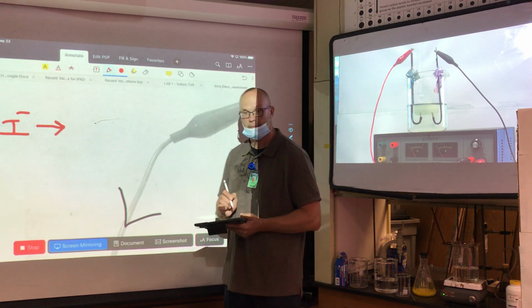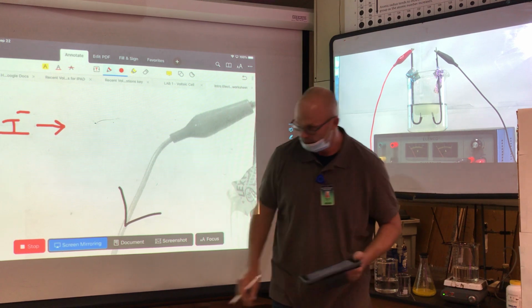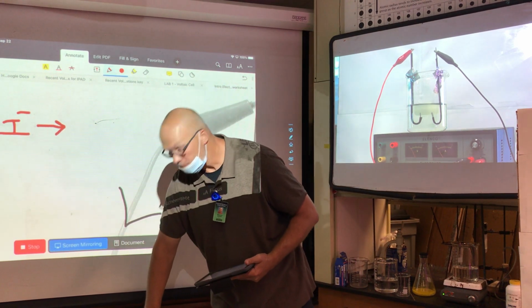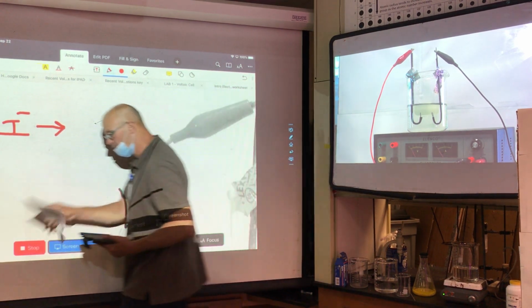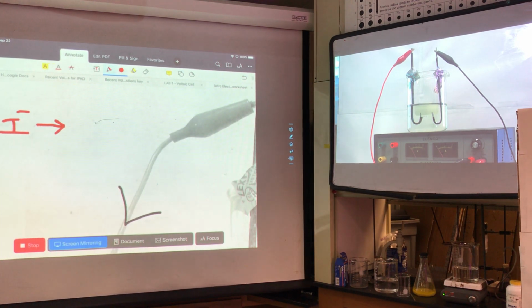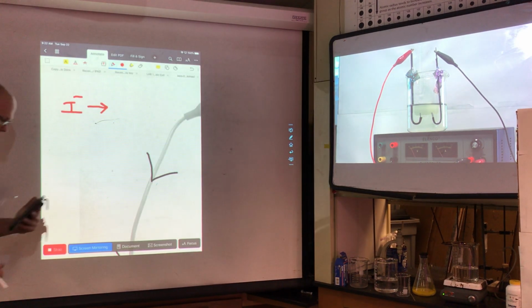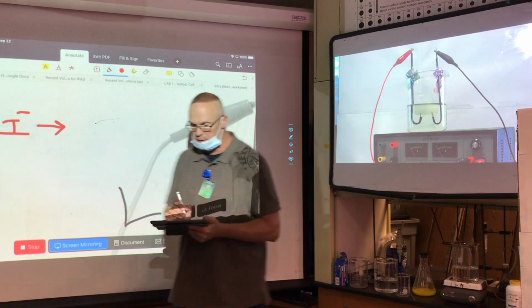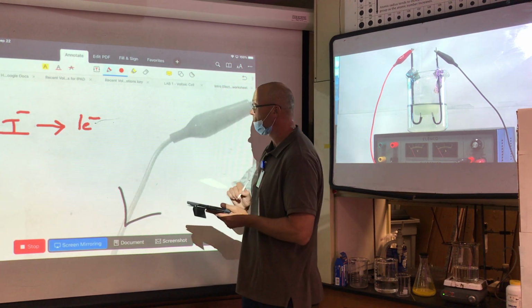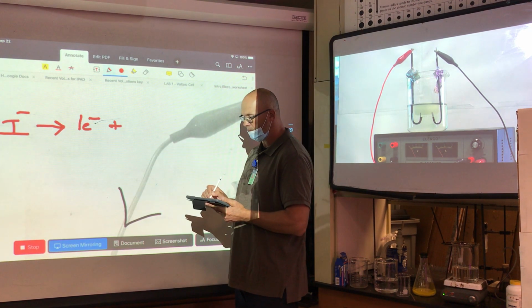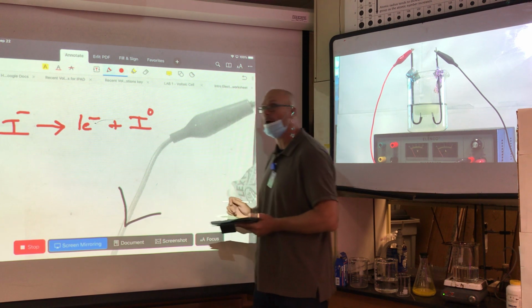Leo the lion. Oxidation occurs there. So it loses an electron and becomes what? I0.